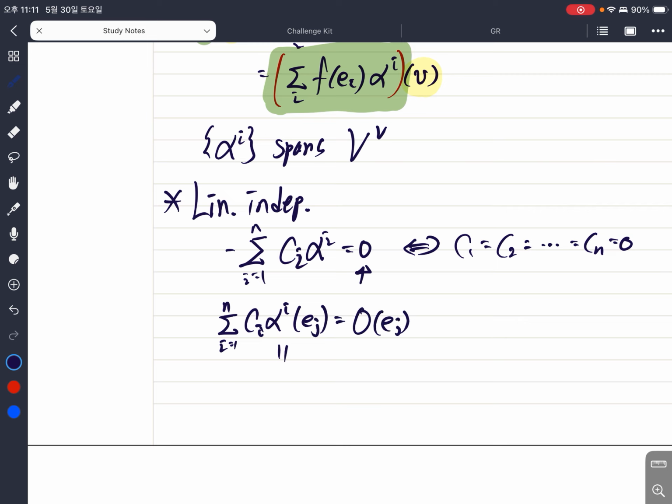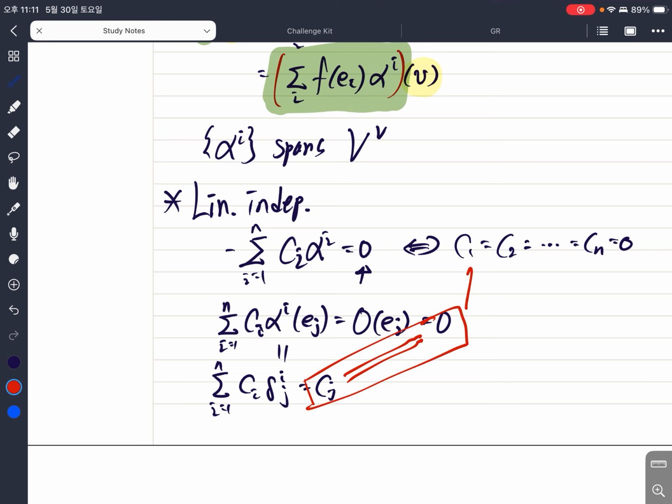And this is c_i delta^i_j, and becomes c_j, with the sum over i from 1 to n. So it means that c_j, and this is the zero map, so c_j is 0. So this shows that if we put some e_j, it shows that c_j is 0. And we can do this for every j from 1 to n. This means that this is true.